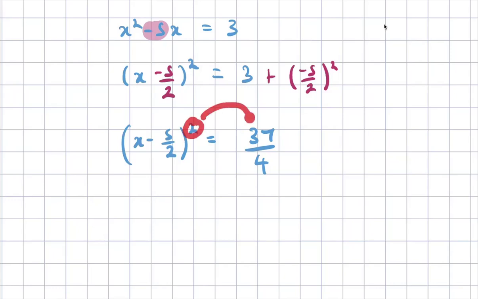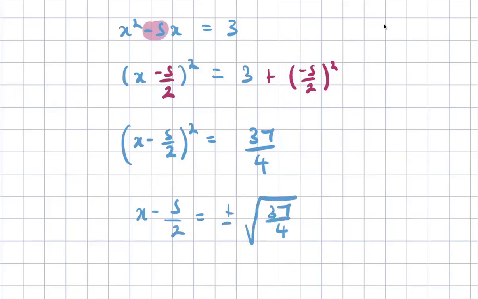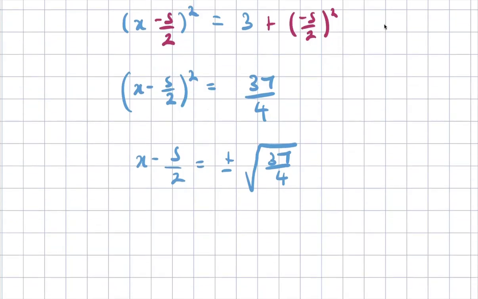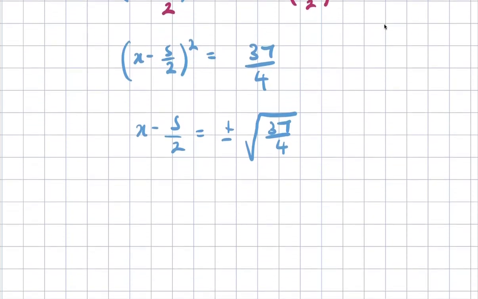I'm going to take the square, move it to the other side, and take the square root. So x minus 5 on 2 is now equal to plus or minus the square root of the entire fraction. Now remember, taking the square root of something is the same as applying a power of a half, which means that the square root can be applied to the numerator and to the denominator independently.